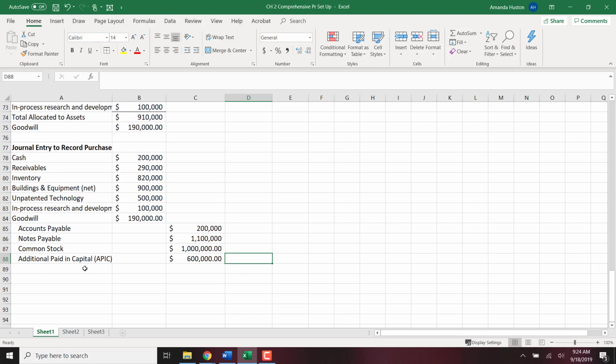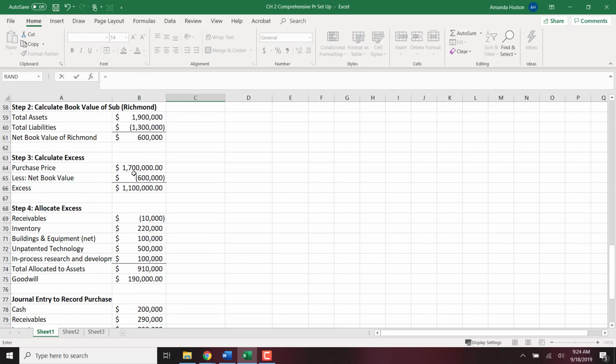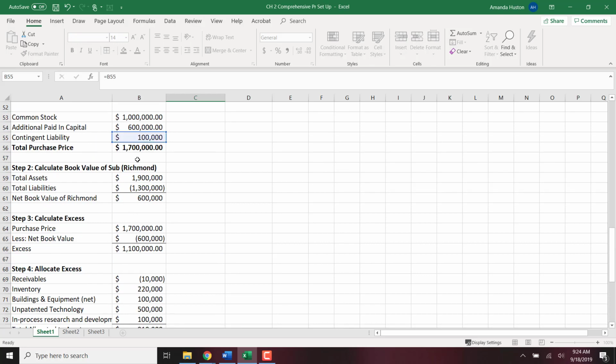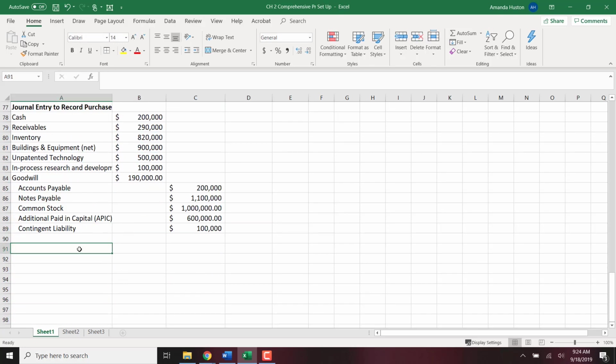Additional paid in capital. And then finally the contingent liability, which is 100,000. So check my journal entry is right. We need it to balance. Equals sum.